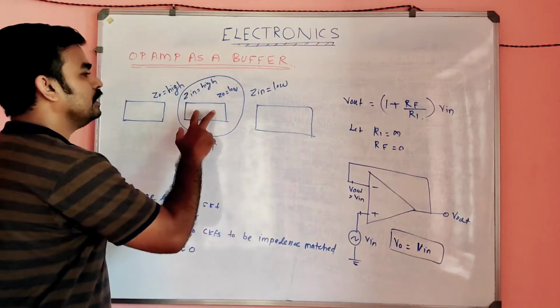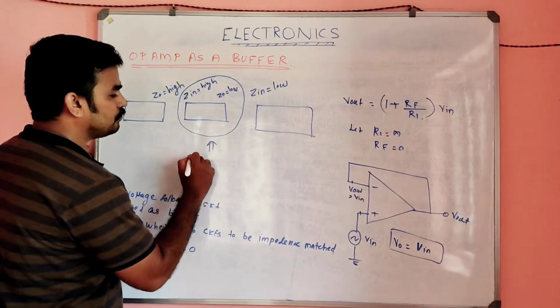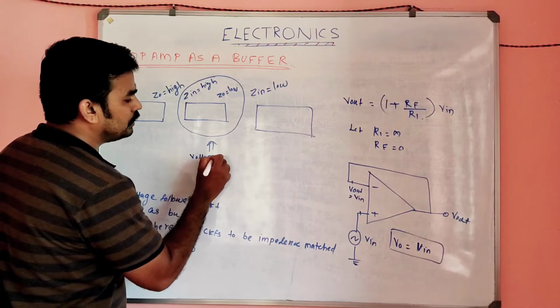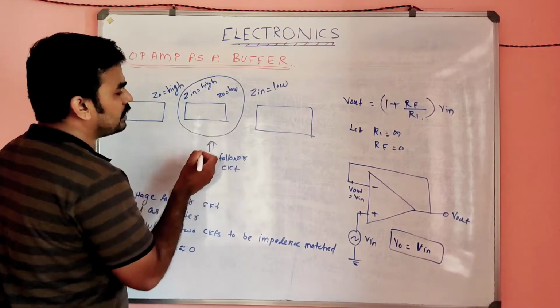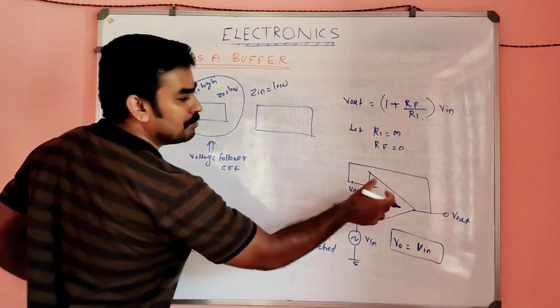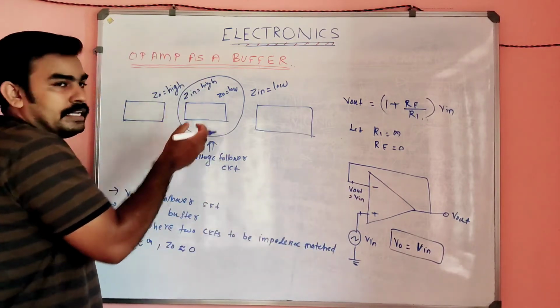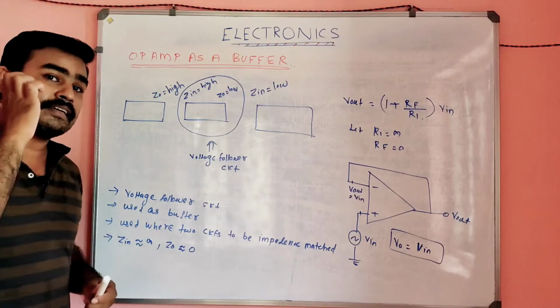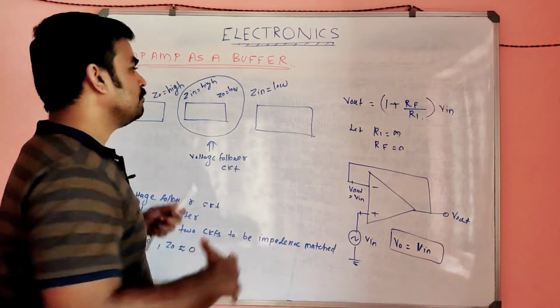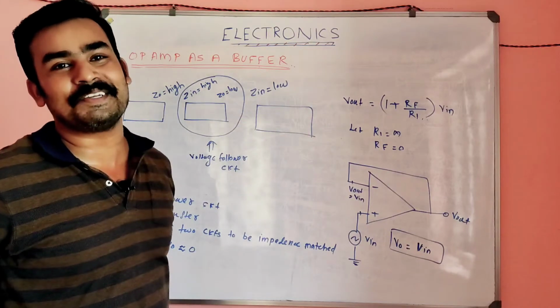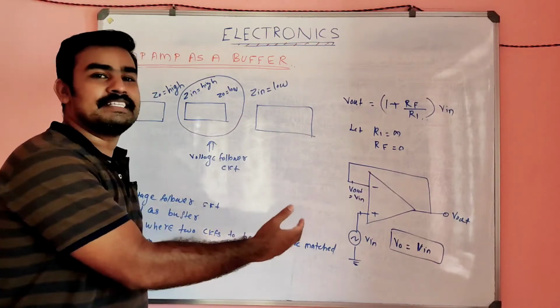So now suppose we are using the voltage follower circuit here. Suppose we are inserting the voltage follower circuit, that is nothing but the same buffer. Then without sacrificing the gain, what we get? We simply connect the two parts of the circuit. So what is the use of the buffer?